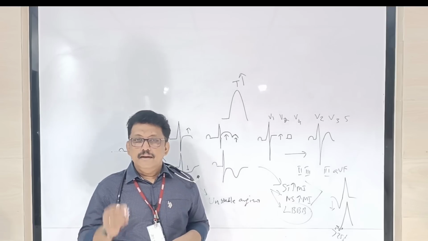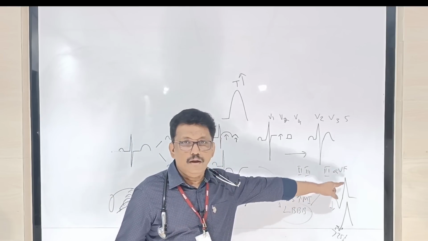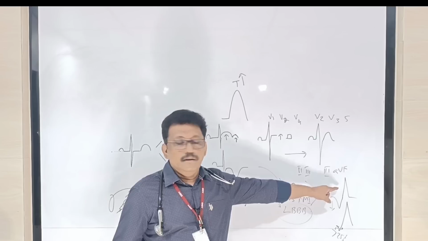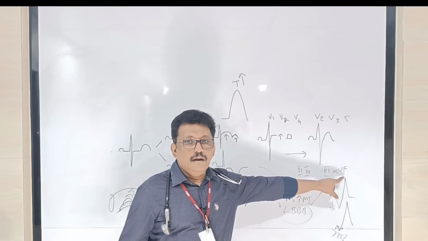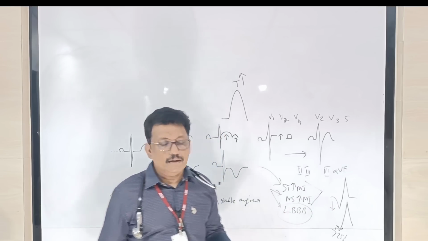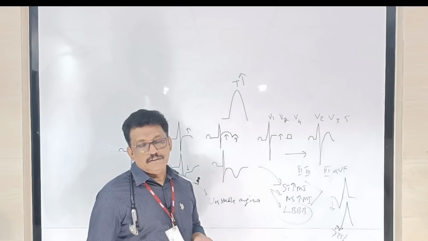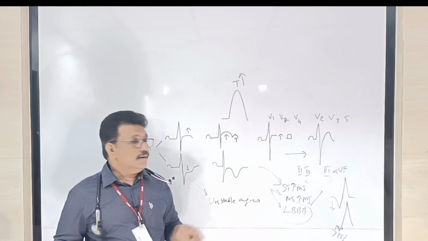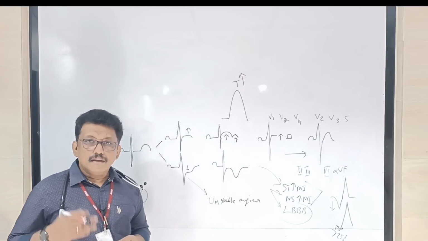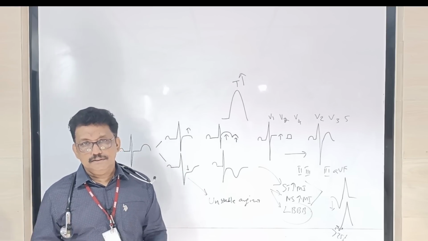A significant Q wave means a Q wave which is more than 25% of the following R wave. That means the negative complex is more than 25% of the following positive wave. Or if it is wider also, you can think that it is significant. Whatever it is, clinical features are very, very important. This type of patient had a myocardial infarction in the past and that Q wave is persisting.